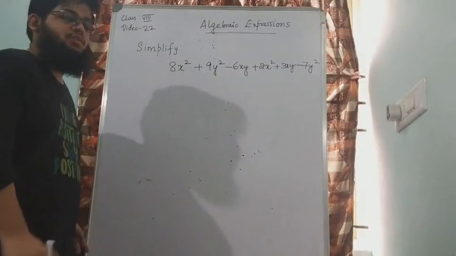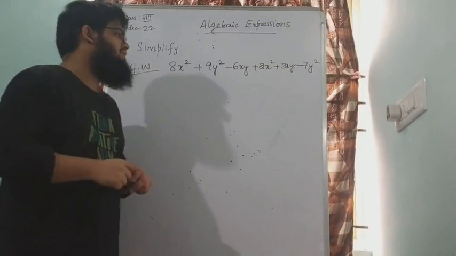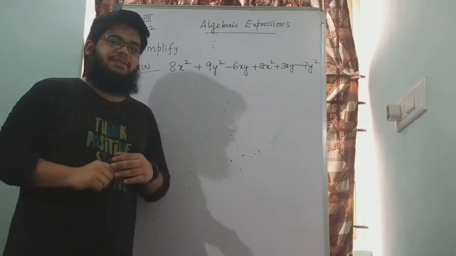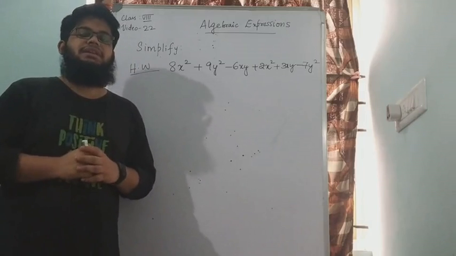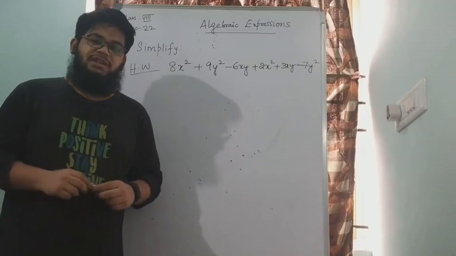Try this question as homework. 8x square plus 9y square minus 6xy plus 2x square plus 3xy minus 7y square. I want you to arrange them according to the group of like terms and then simplify it and tell me what is going to be the answer. We'll continue with some more problems in the next class.